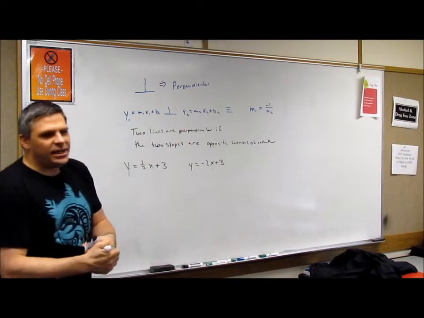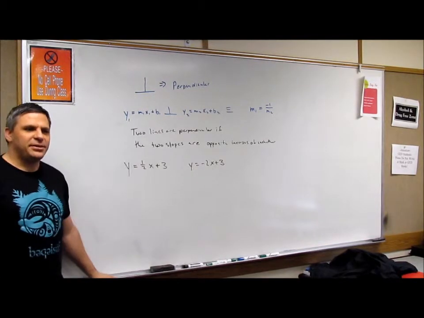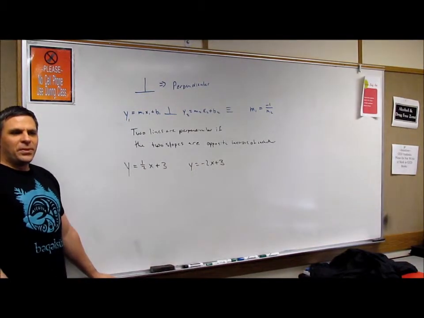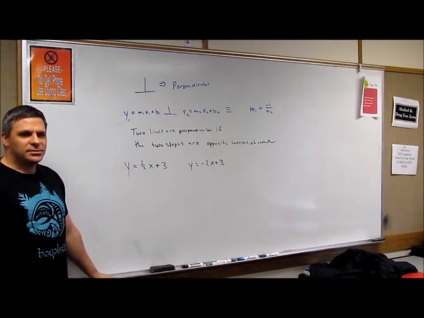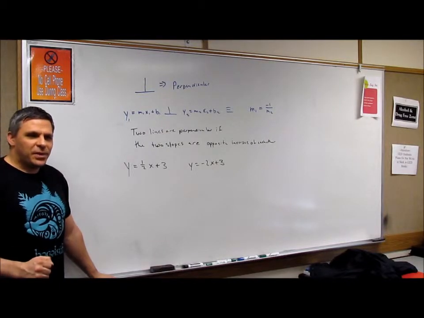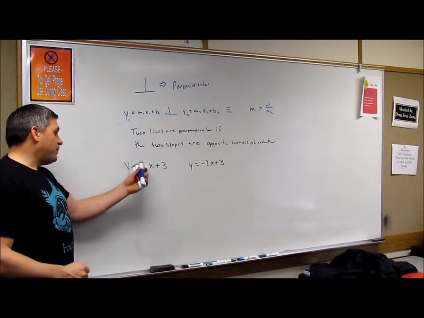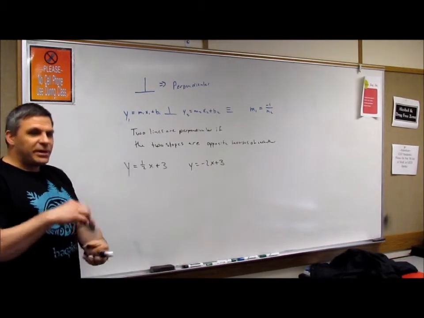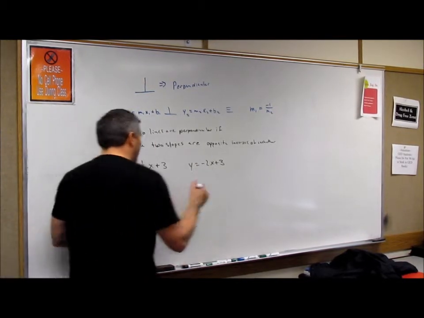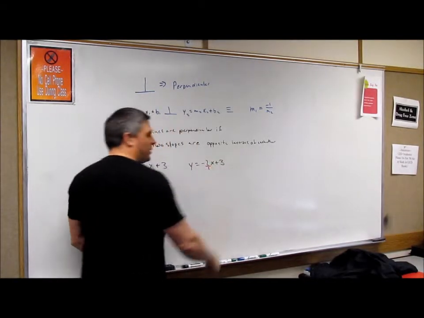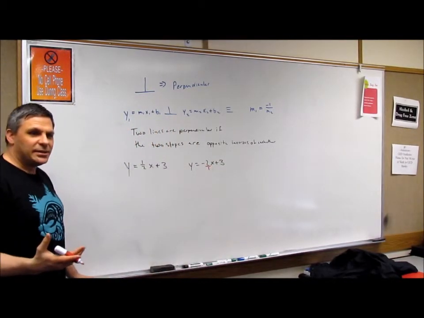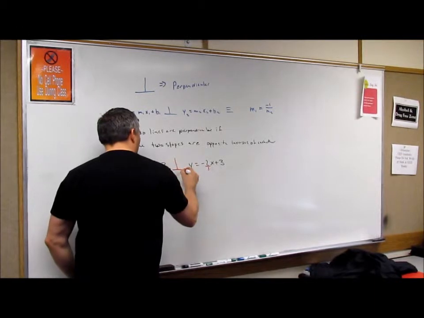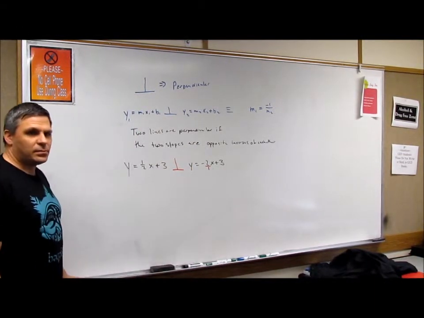Now, did we say anything about the b's being the same or different? No. Doesn't matter, right? What matters is that if this one's positive, this one has to be negative. And think about this one for a second. This is really over 1, right? So therefore, these are perpendicular.